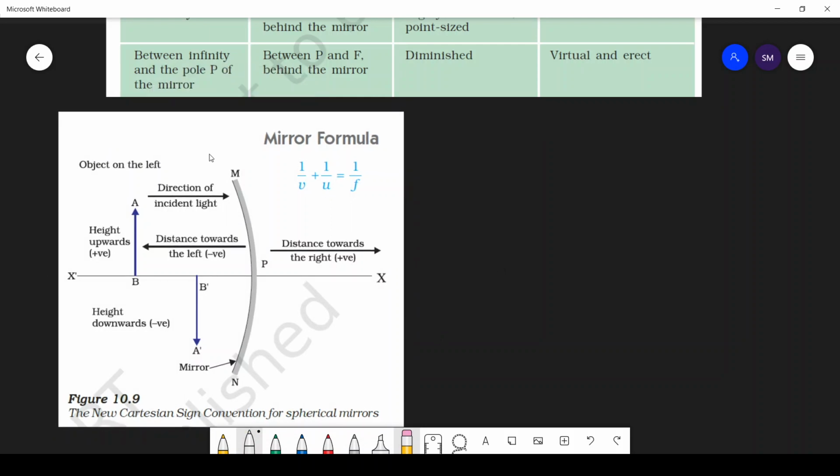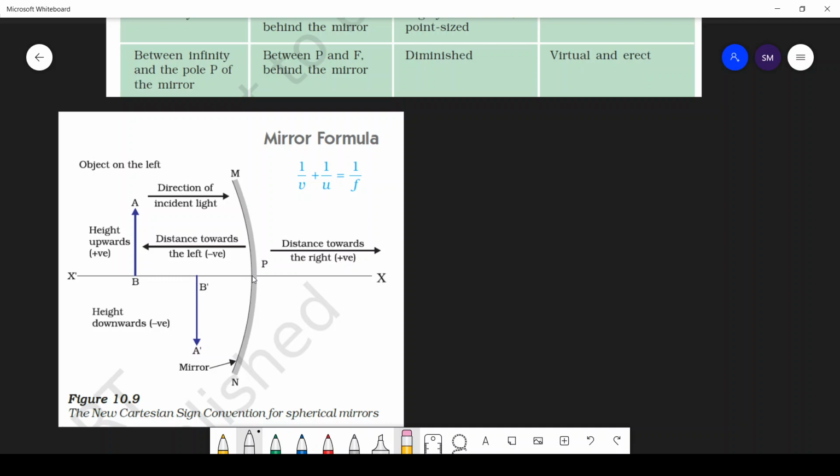So what are the sign conventions that we need to take? Students, first thing is that whenever you want to know the position of the object, position of the image, you always have to start moving from the pole.